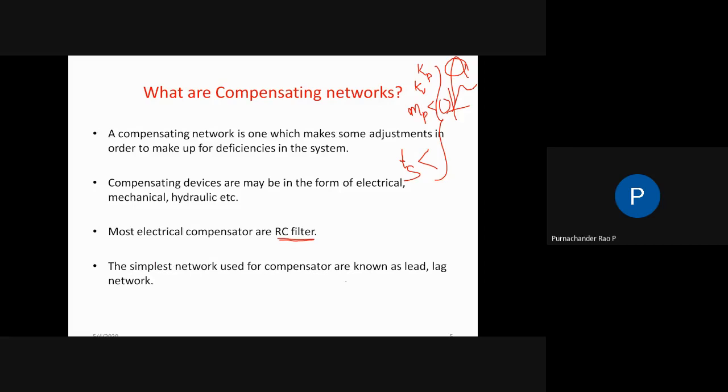And also these compensating networks are called a lead network or lead compensator, lag compensator, or the combination of lead and lag compensators. So in our syllabus, we'll discuss the lead compensator, lag compensator, and the combination of lead and lag compensator in today's class.